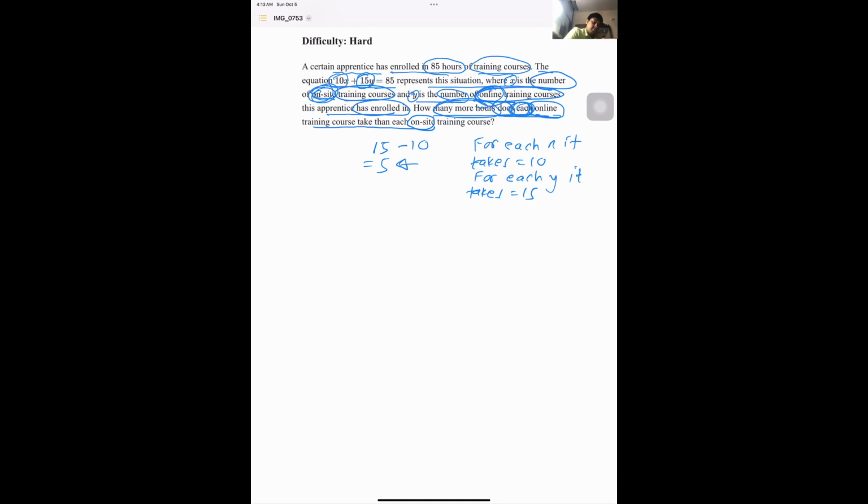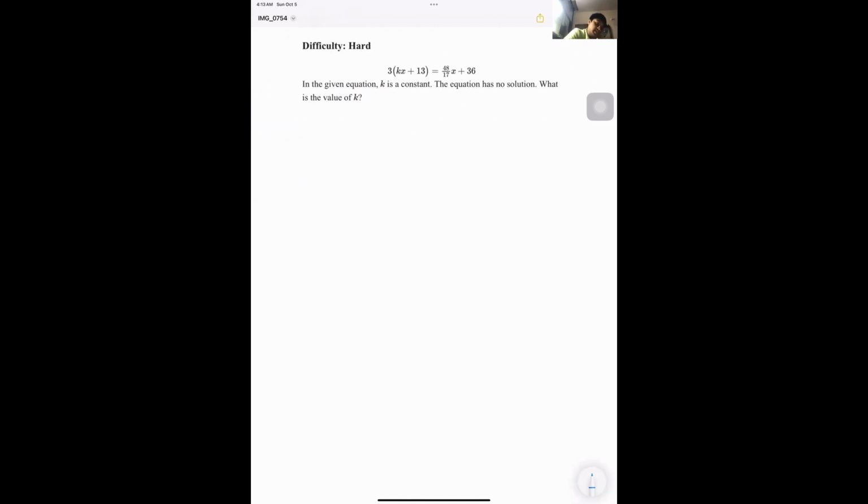Next question. In the given equation, k is a constant. The equation has no solution, which means the gradient is the same and the y-intercept is different. So what is the value of k?